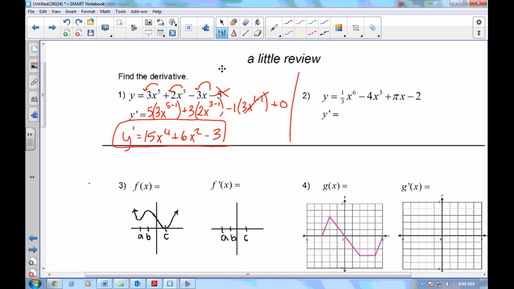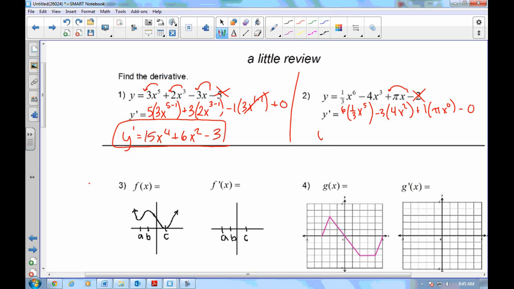Number 2. Ooh, fractions. Okay, 6 times 1/3 x to the, can I just skip and go right to the 5th? Are we okay if I just go to the 5th now? Minus 4 times, oops, not 4, 3 times 4x squared plus, what's the power on the x? 1, so I'm bringing down a 1. 1 times pi x to the 0, minus the derivative of a constant is 0.